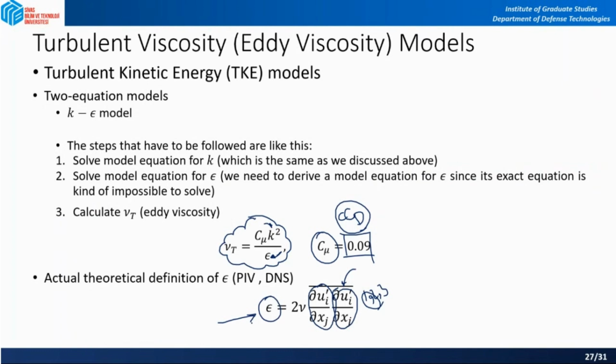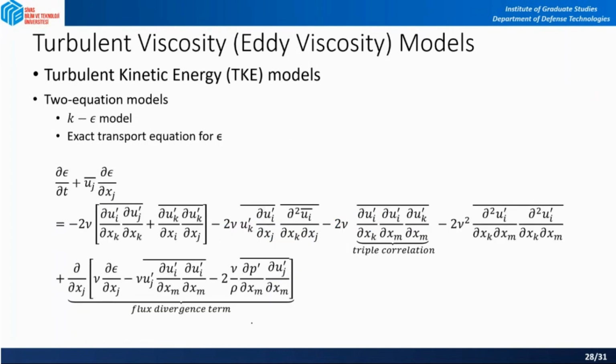This equation, the transport equation of epsilon, can be derived from the original momentum equation and also the K equation with an appropriate procedure similar to what you've seen before for one equation models. So the exact transport equation for epsilon is something like this.